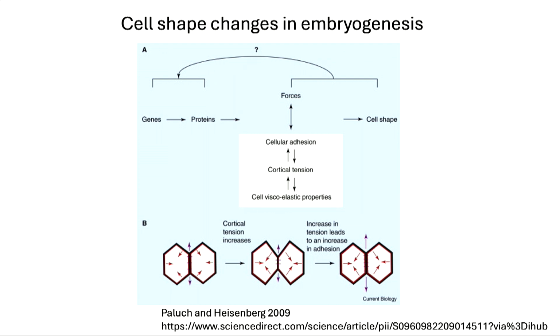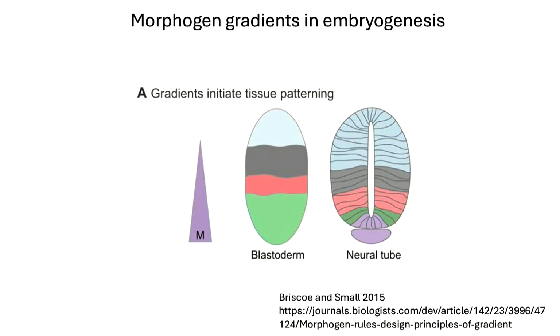So we saw that, for example, there could be changes in the amount of adhesion. There could be changes in the amount of tension in this layer. And these together are the ones which are giving rise to the shape change which takes place. Now, all of this is not happening alone, right? All of this is happening in the context of gradients, very nicely alluded to already in the beginning by Marson. In the case of the blastoderm embryo, there are gradients in the anteroposterior axis and the dorsoventral axis.